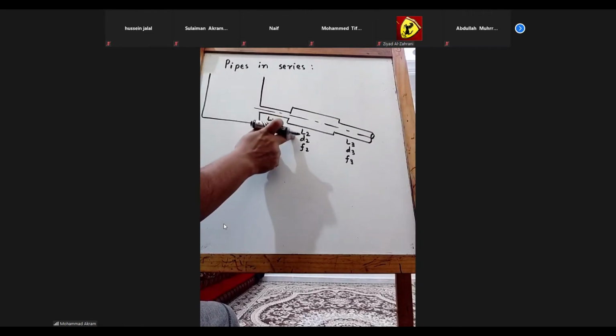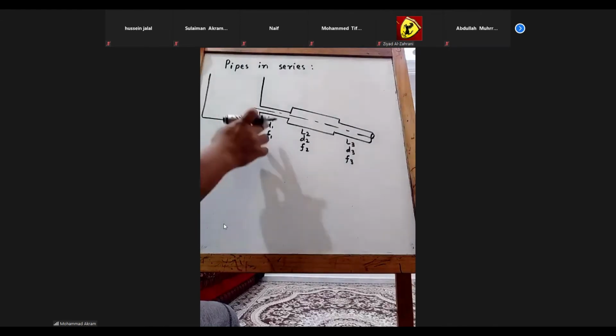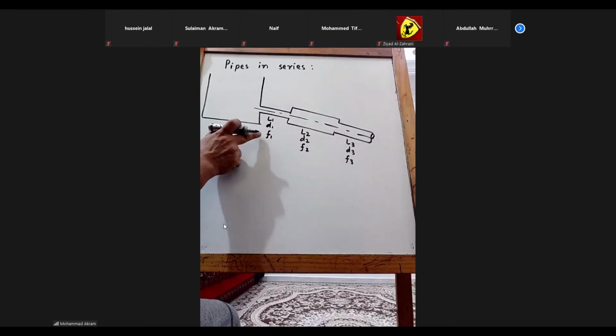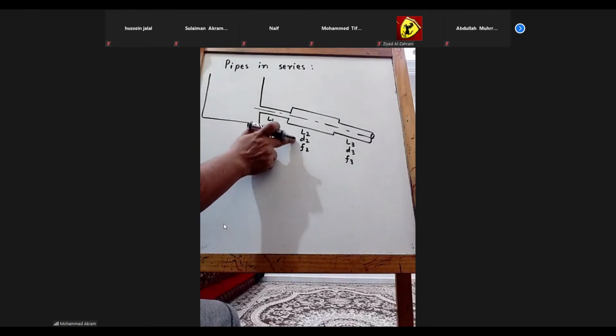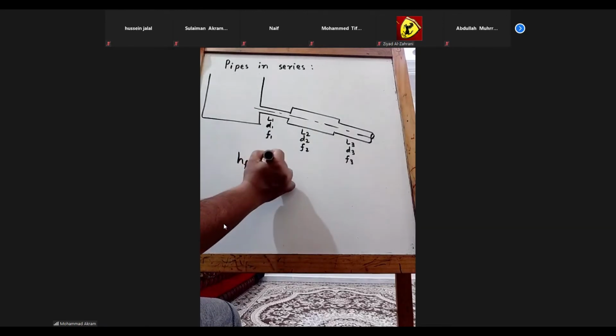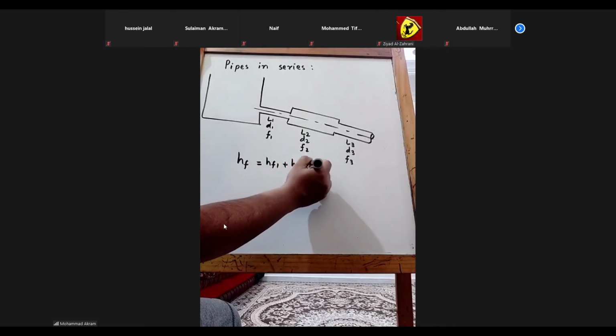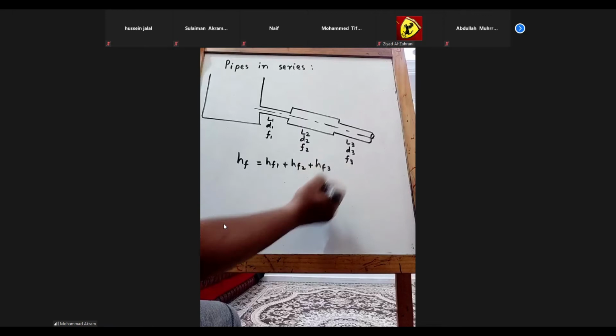HF2 will depend on L2, D2. So the total loss HF will be equal to HF1 plus HF2 plus HF3. Am I right? Yes.